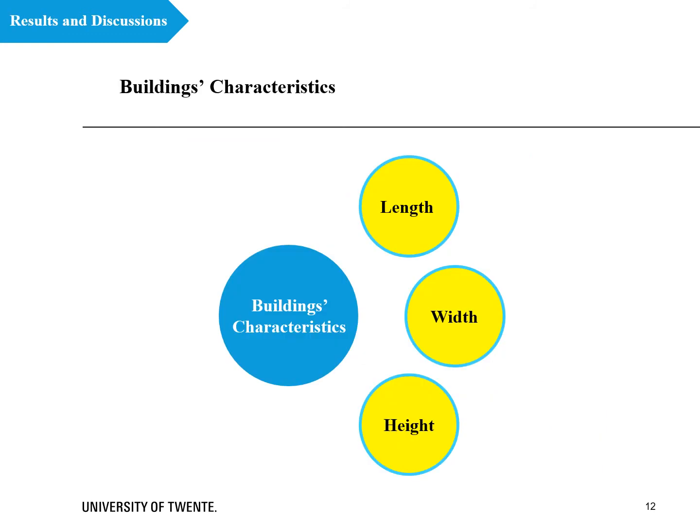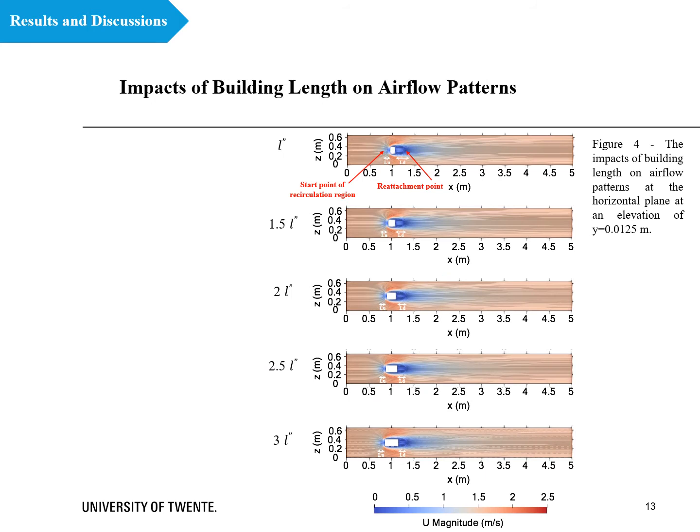Results and discussions are presented for 3 building characteristics, including length, width, and height. First results show the impacts of building lengths on airflow patterns. The figures are top views and show the wind velocity magnitudes at the near surface horizontal plane at an elevation of 0.0125 meter.